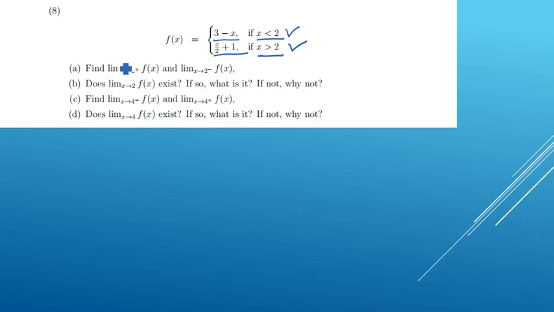Now, we have been asked to find the limit as x is approaching 2 plus. This positive sign here doesn't mean 2 is positive. It simply means you're approaching this function f of x from the right hand side. So in this case, you need to ask yourself, which one amongst the two is going to the right hand side, and which one amongst the two is going to the left hand side?